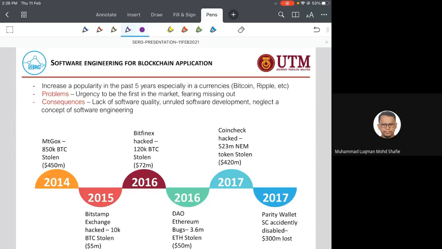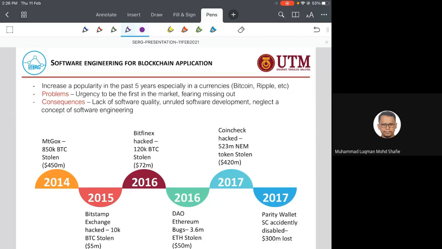So the consequence is that they apply rapid software development, and when they do, there is of course a lack of software quality. Meaning that the application is not well tested and not well architected. Maybe the architecture of the application is spaghetti, they apply spaghetti code and so on.